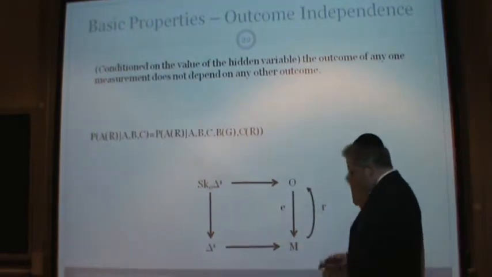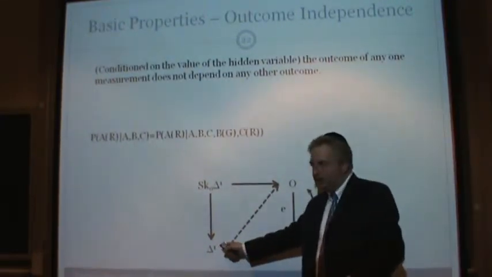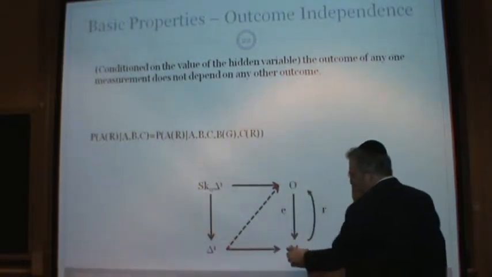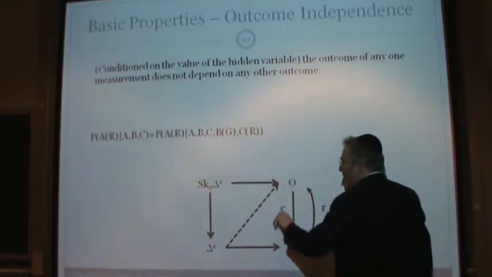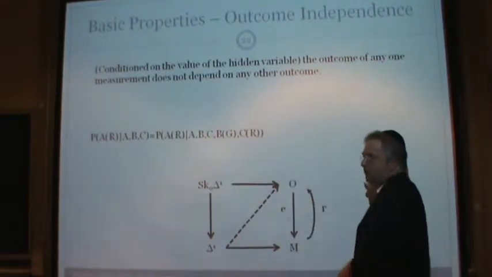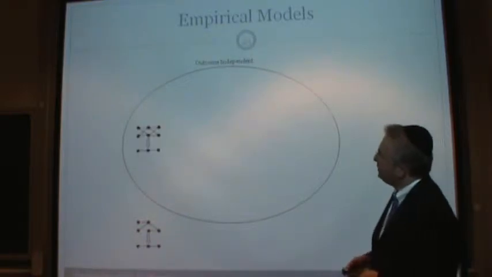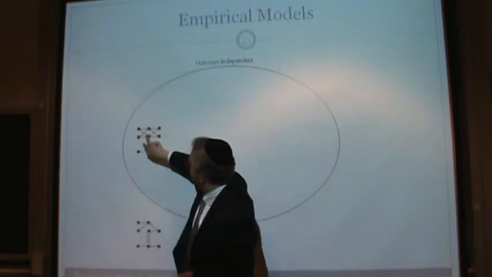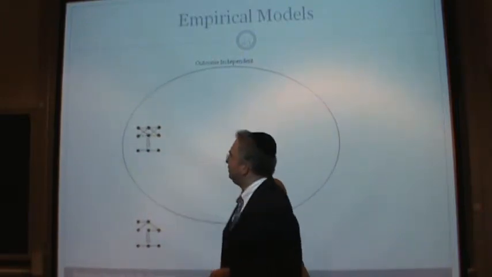You go like that, then what's going to happen is you can lift it. The line over here that these two points go in between can be lifted to here, which basically says if you have two possible outcomes, then it comes from some measurements. And here's a typical example of something that's outcome independent. Any possible way of lifting these lines, there's in fact a way of doing it.